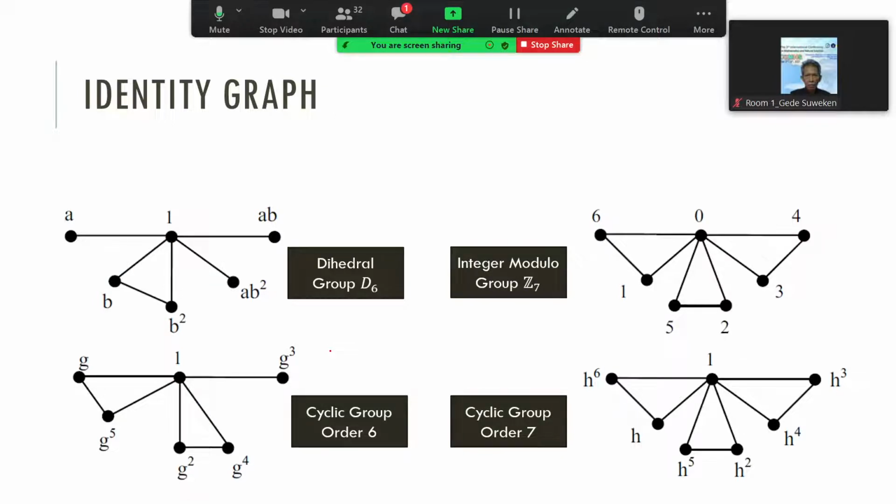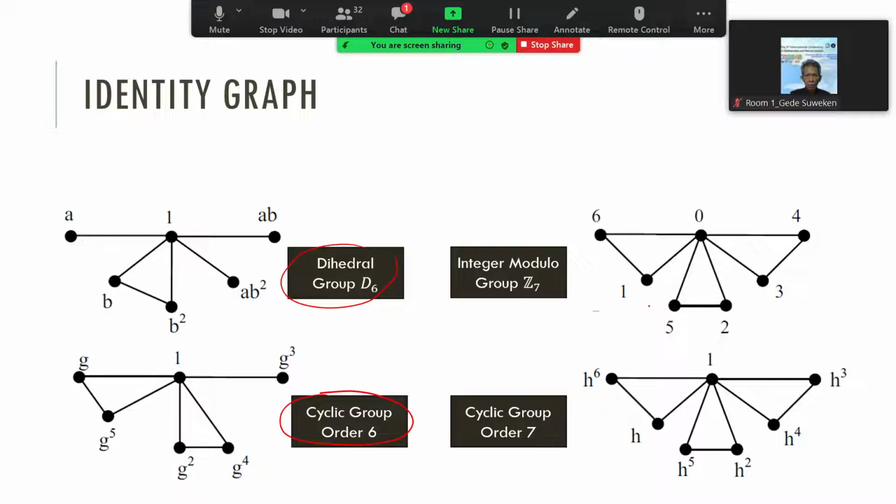I will give you 4 examples. The first one and the second one are the same order. D6 has 6 elements and the cyclic group of order 6 has 6 elements, but the identity graph is different. The first one has 1 triangle, the second one has 2 triangles.